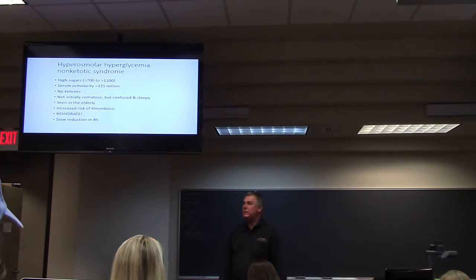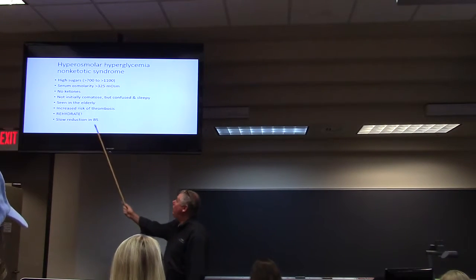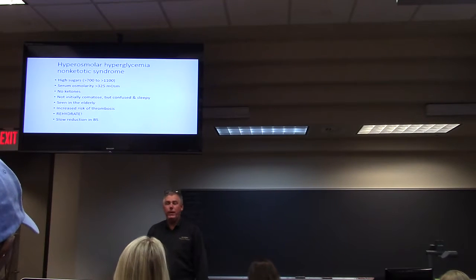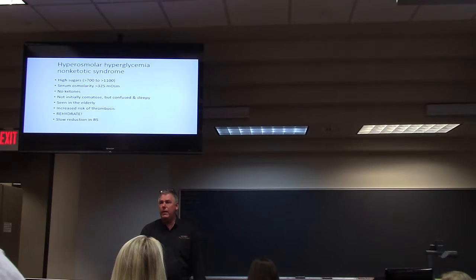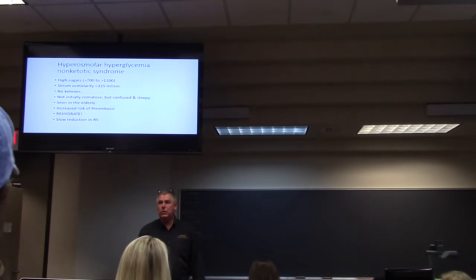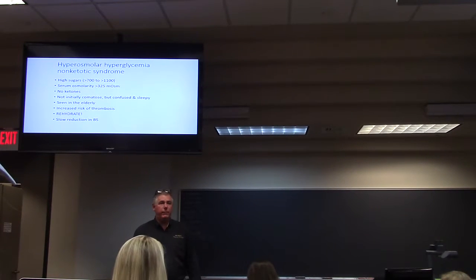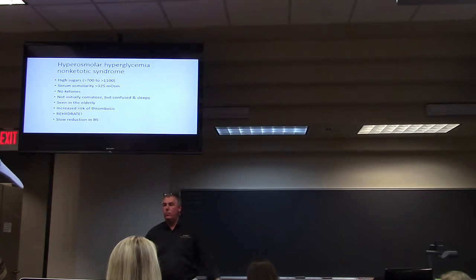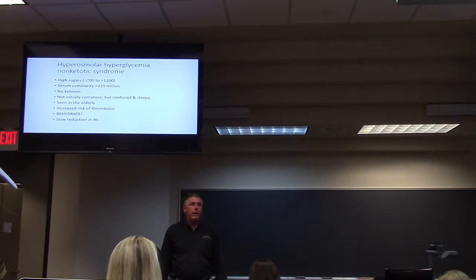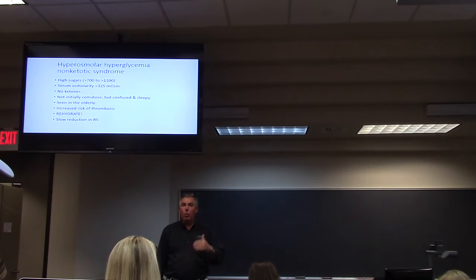It says here it's seen in the elderly. I actually see this more often. I don't know if it's just an Oklahoma thing, but I see this more often in middle-aged folks, 30-year-olds, 40-year-olds, that they quit taking their diabetes oral medicine.